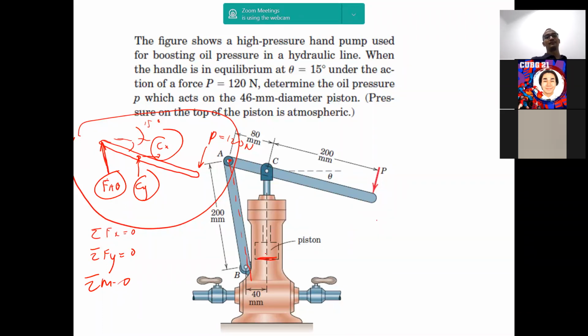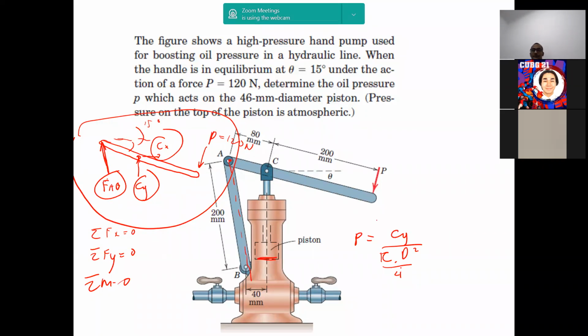I'm guessing it's Cy, sir. Yes, correct, Cy. So later, the pressure will be Cy divided by the cross-sectional area, so pi multiplied by the diameter squared over four.